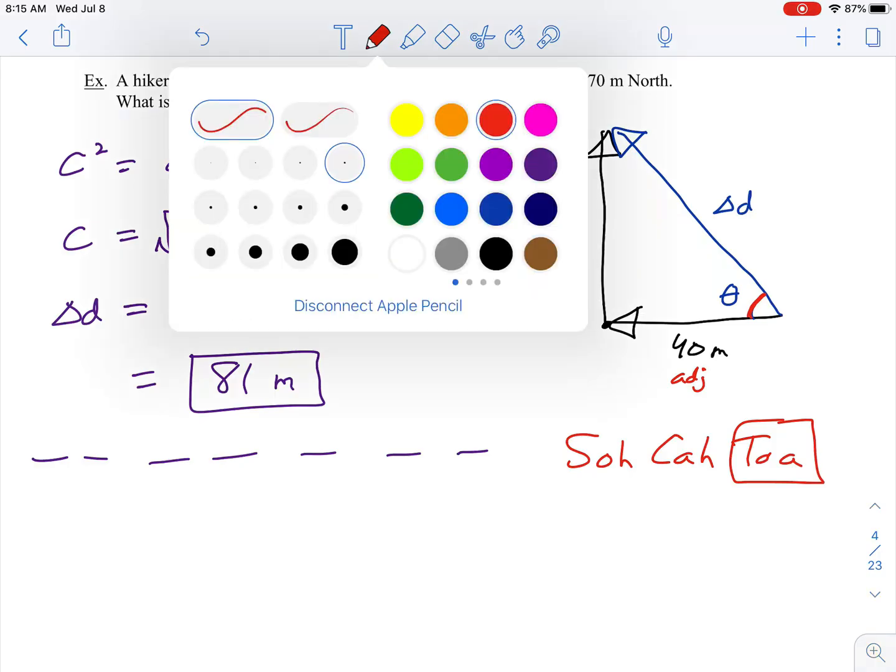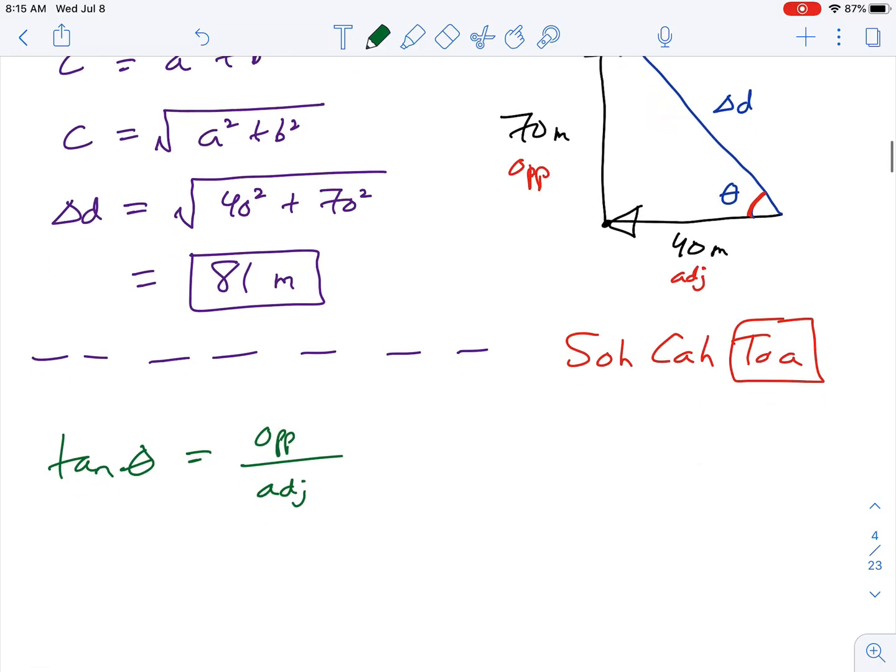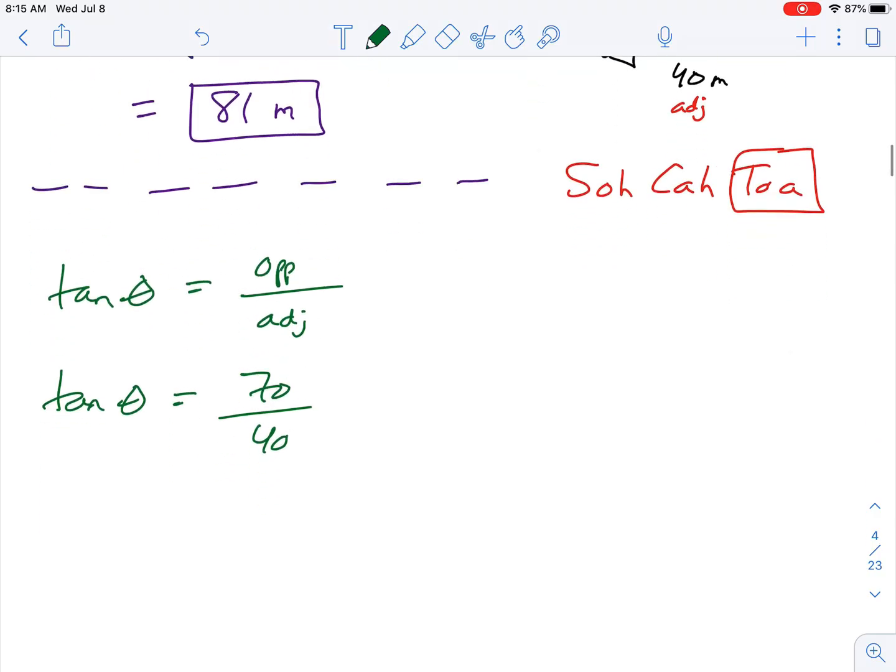So we have here the tangent of theta is equal to opposite over adjacent. Or the tangent of theta is equal to the opposite, which is 70, over adjacent, which is 40. And all we do now is take the inverse tan of both sides.